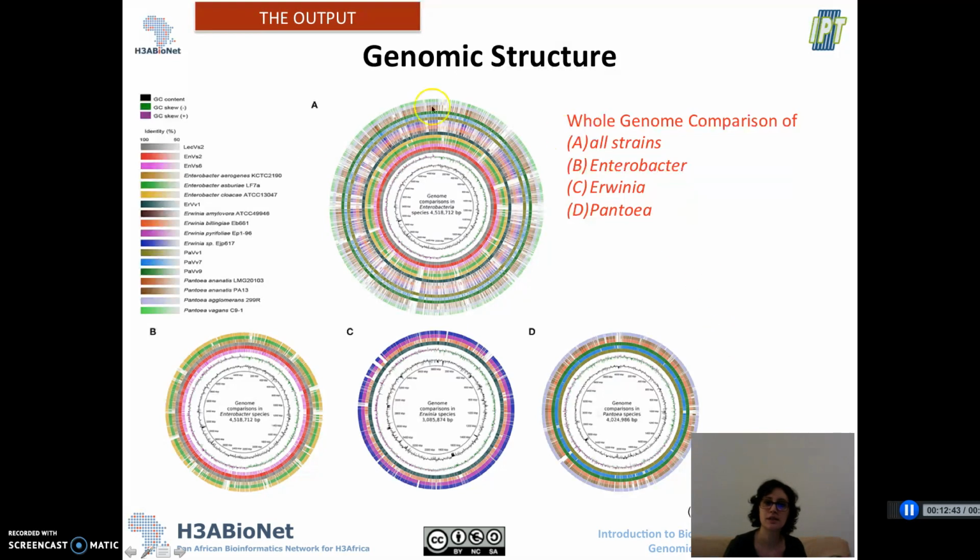This is the kind of representation that we are using nowadays. This is a circos plot representation, and each circle is a different genome. So here is the comparison of all the strains. Here is the comparison particularly of Enterobacter strains, here the Erwinia strains, here another one, the Pantoea strain.